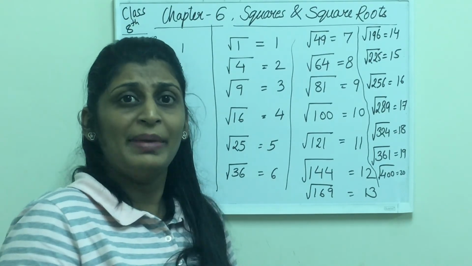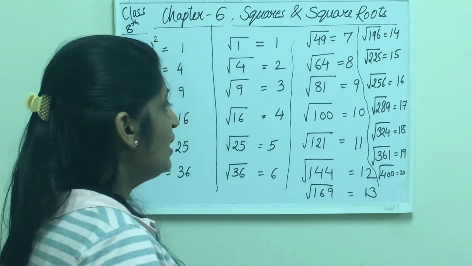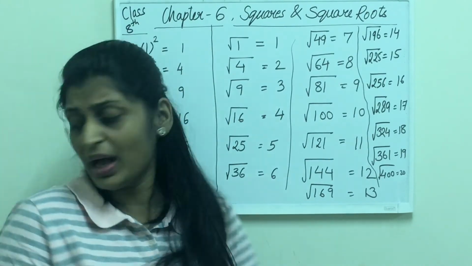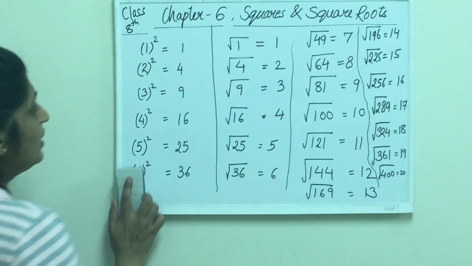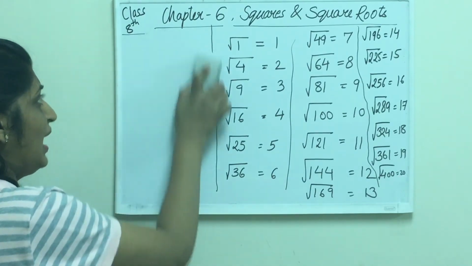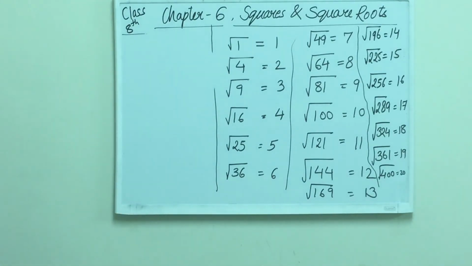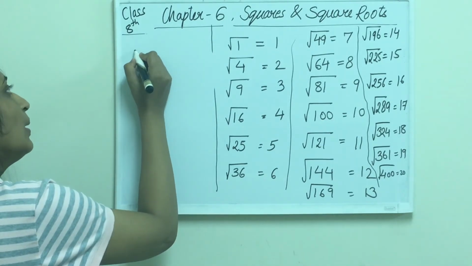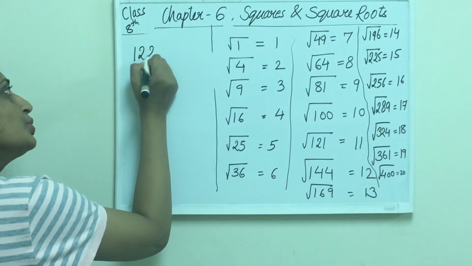But now my question to you all is, we all know till 400, right? But what if we get some bigger number, like 1225?